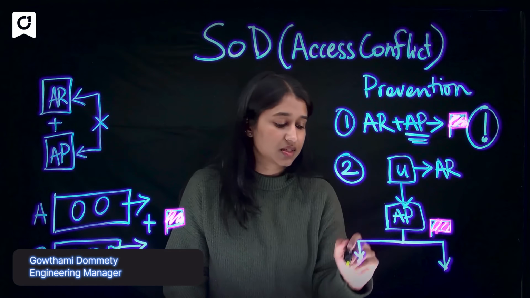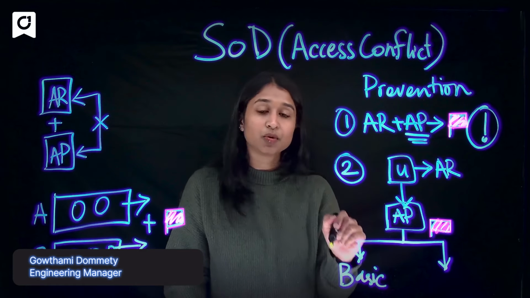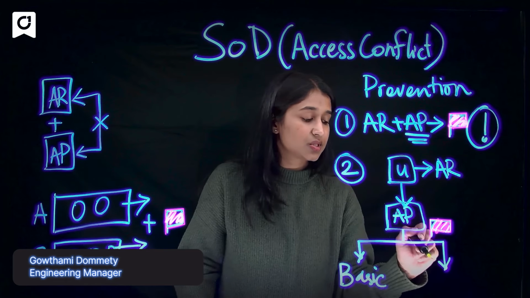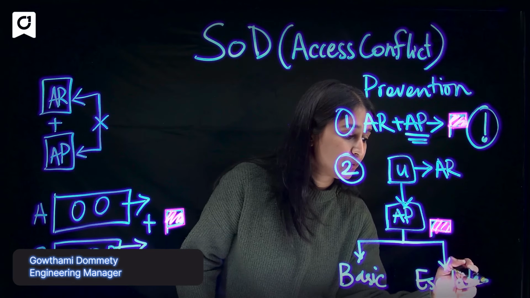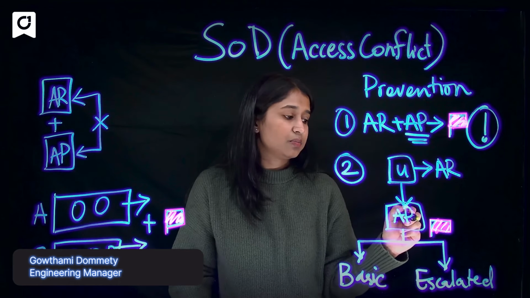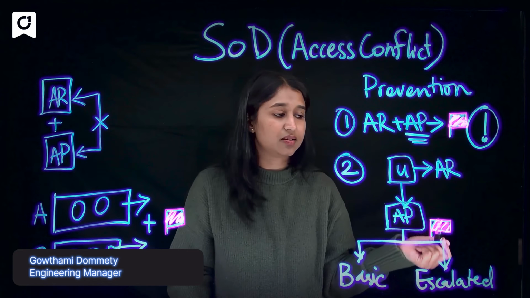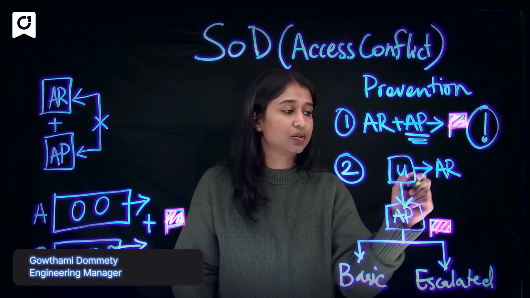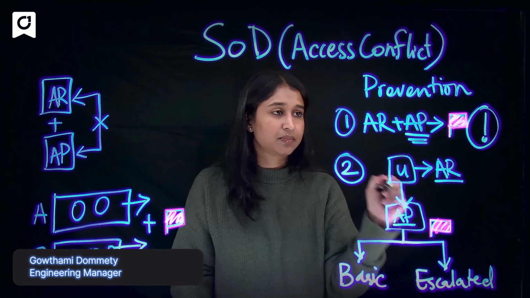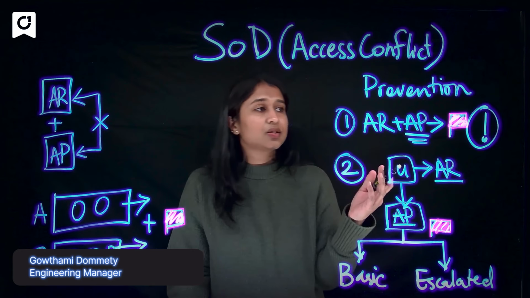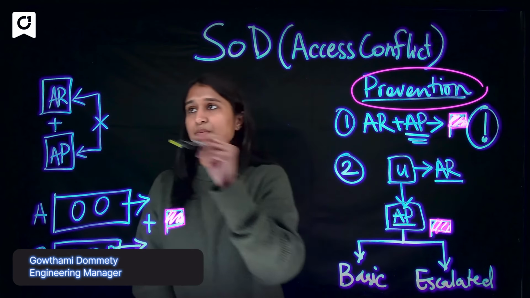If it does not result in an access conflict, I would like the basic approval flow. If it does result in an access conflict, I would like an escalated approval flow that may result in your manager taking a look, or your head of finance taking a look, to see whether you should actually have accounts receivable and accounts payable. So again, using ConductorOne, you can prevent access conflicts from happening in the first place.